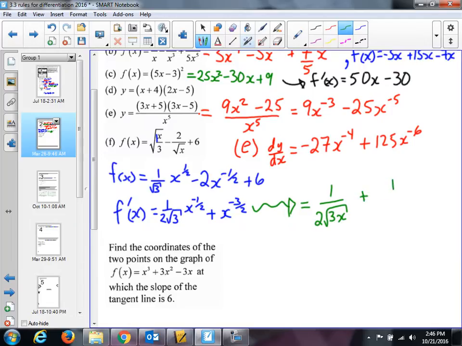Plus 1 over, what's the best way to write that? There's two ways I could think of, and either way, if you were going to evaluate, what would you probably do first, the square root or the 3 part? Like if I said 16 to the negative 3/2, what would you probably do first? Square root first.